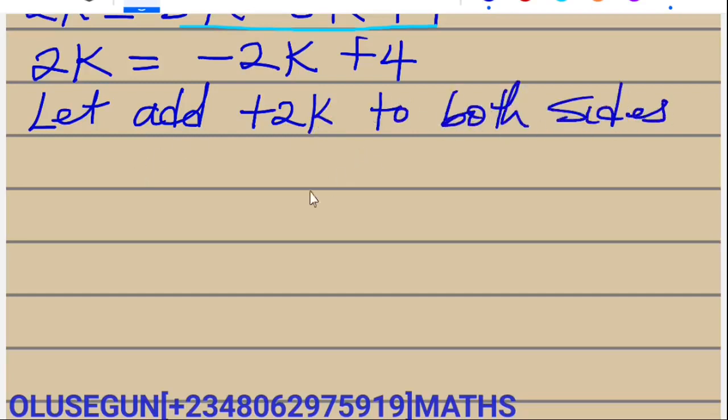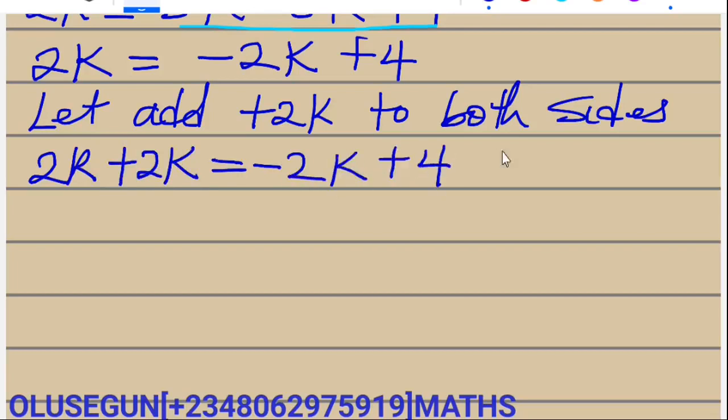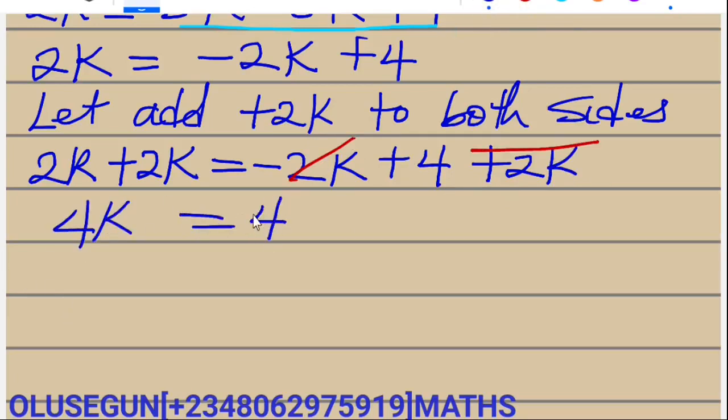In adding 2k to both sides, we have 2k plus 2k is equal to minus 2k plus 4 plus 2k. So this and this make 0. Therefore we have 4k is equal to 4.